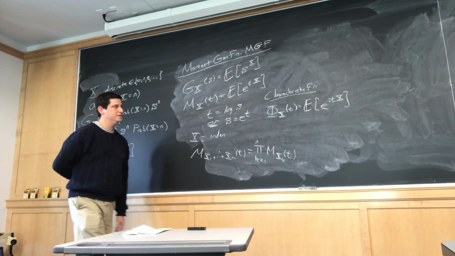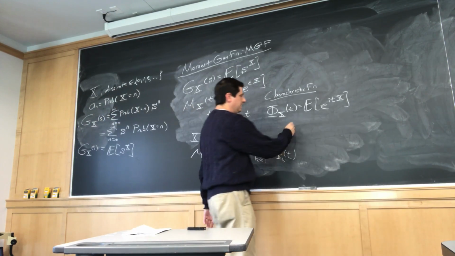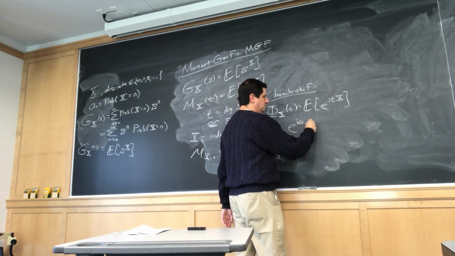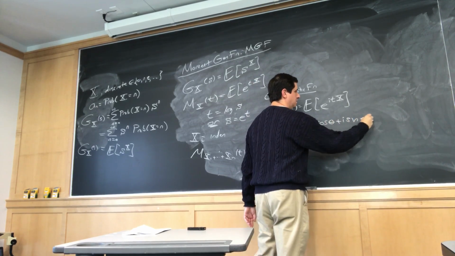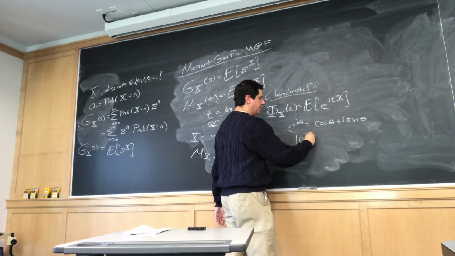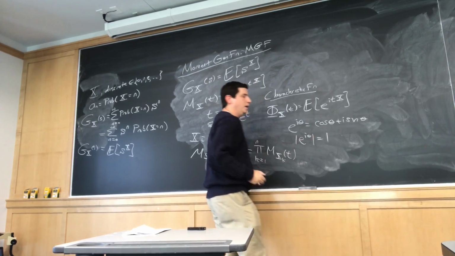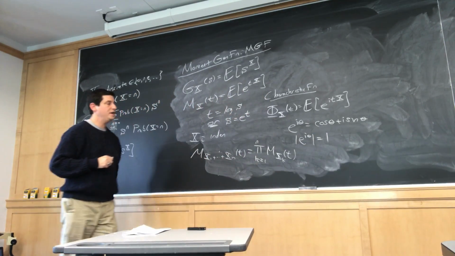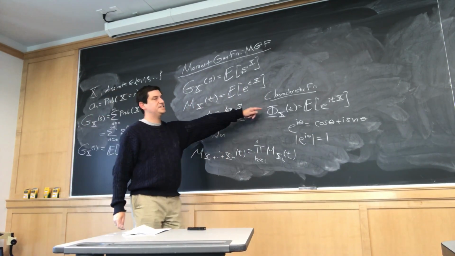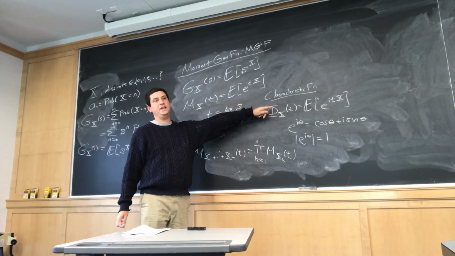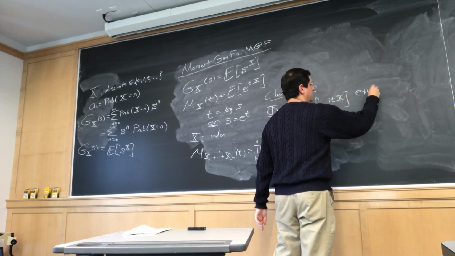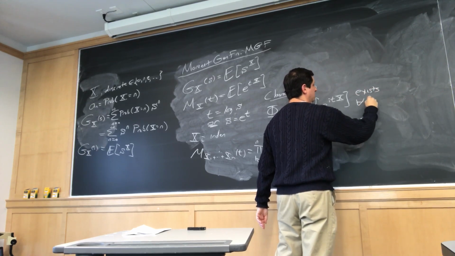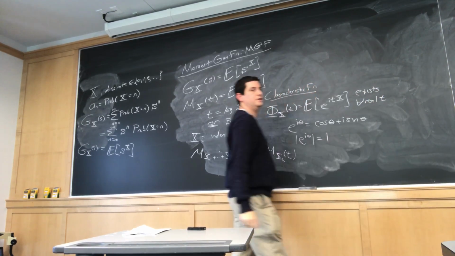The difference is e to the i theta is cosine theta plus i sine theta. The absolute value of e to the i theta is 1. So what that means is this always exists for all values of t. For any real t, this exists. It exists for all real t.